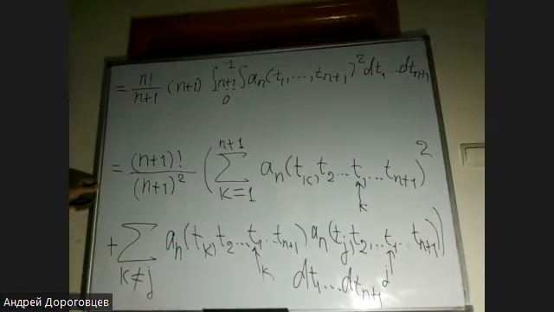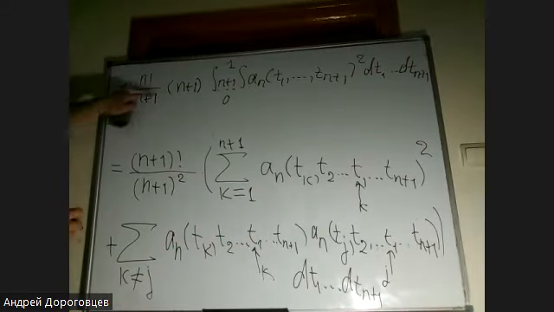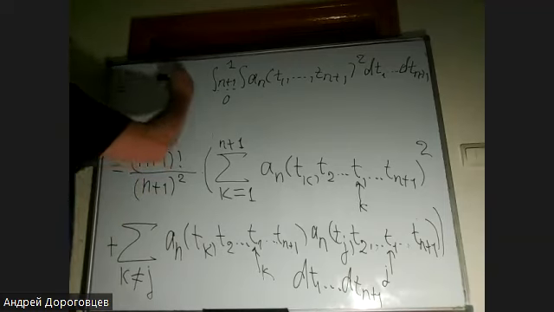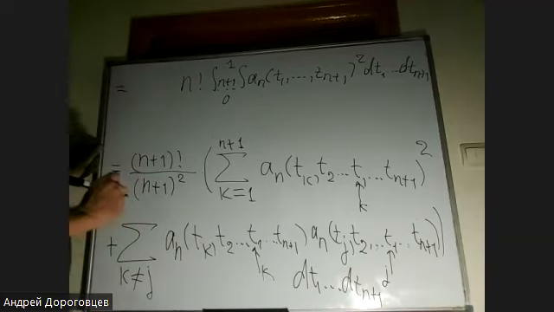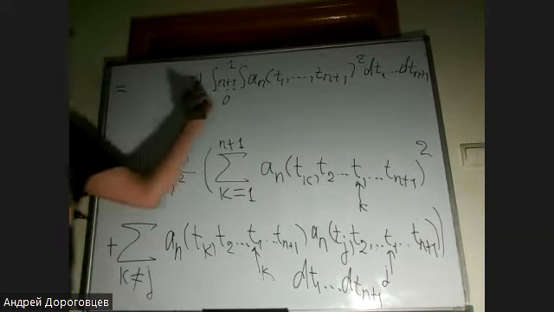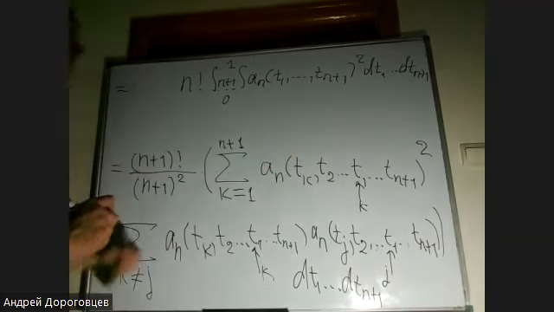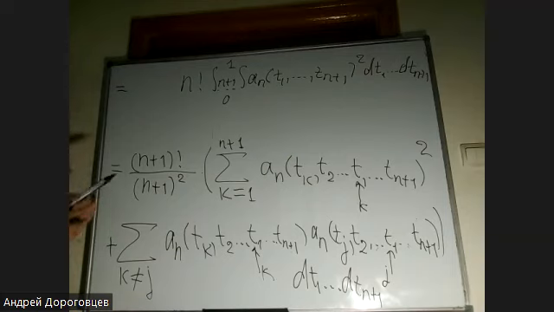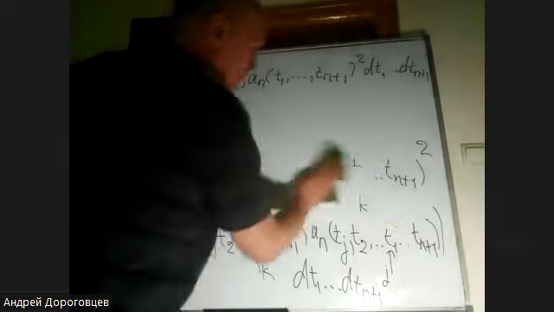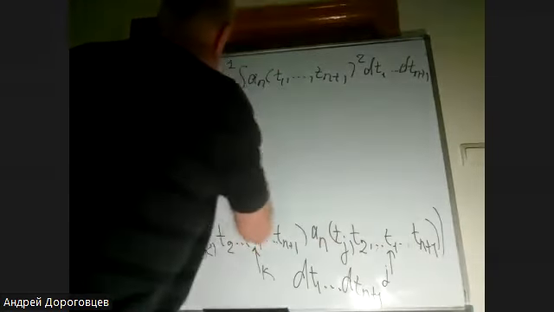Then let me again cancel this denominator, and finally we get one of the summands which we already obtained. This is the expectation of the square of the norm of our random function. So I can erase this one and continue to work with the last expression.